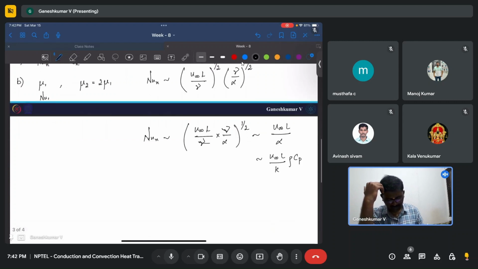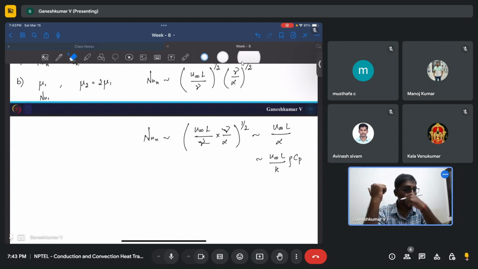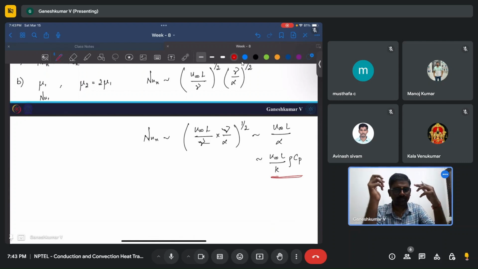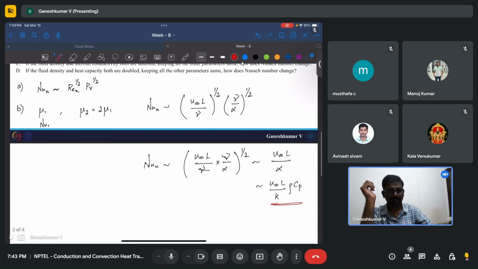Now they are asking, if I double the viscosity, how is my Nusselt number changing? So this Nusselt number doesn't depend on your viscosity at all, right? There is no viscosity term. Although we had Reynolds number and Prandtl number, it automatically gets adjusted if you change only viscosity.